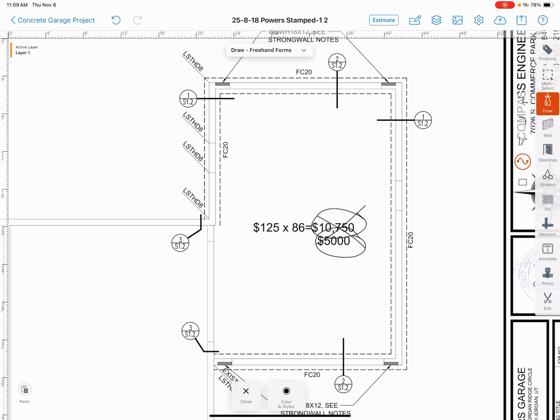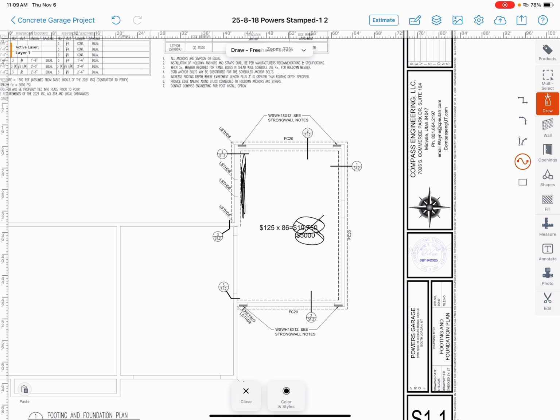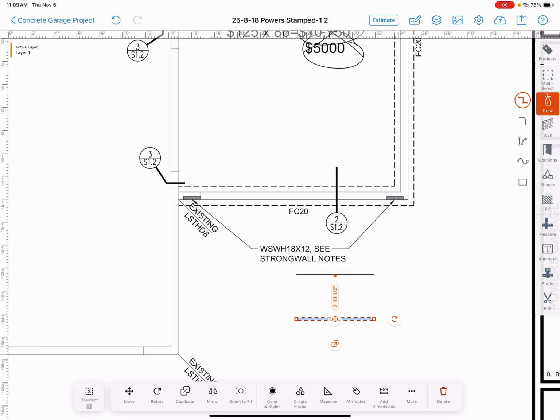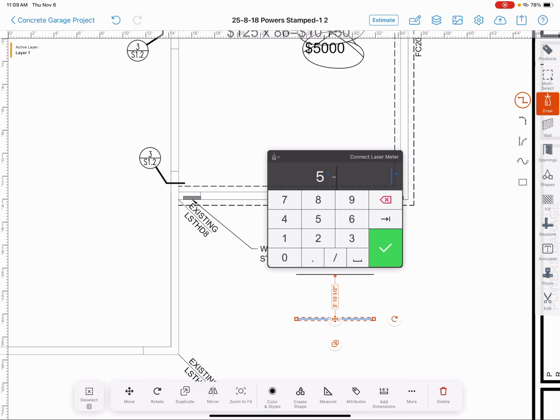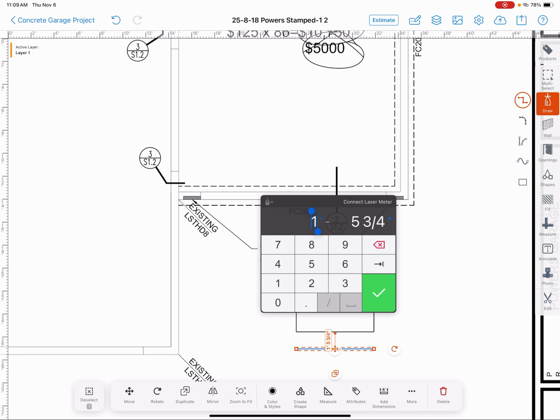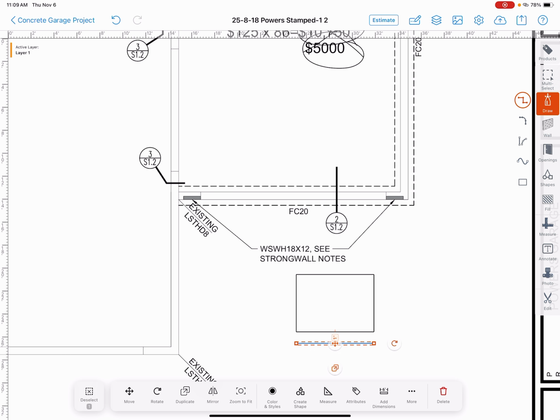Because they can cut this cost off. Or they can also, since it's not that big of a wall, because those garage walls, I don't have the elevations to show you guys right here, but these garage walls, they're only 5 feet tall. So they are like this. They are this tall, and the footing is only 12 inches deep, which is this.